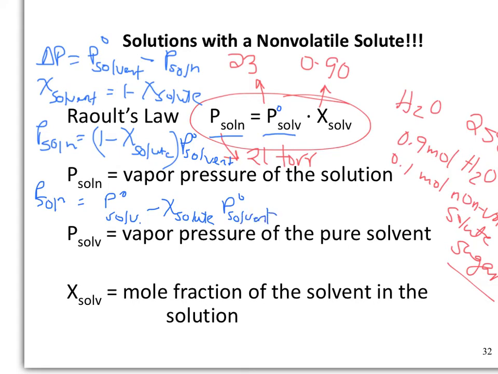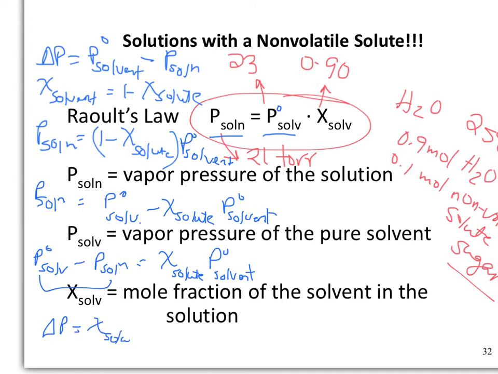Or you can say that P naught solvent minus P solution is going to be equal to chi solute times P naught solvent. Or the lowering that you're seeing, the delta P, is going to be equal to chi solute times P naught solvent. So two different ways of writing the same thing.